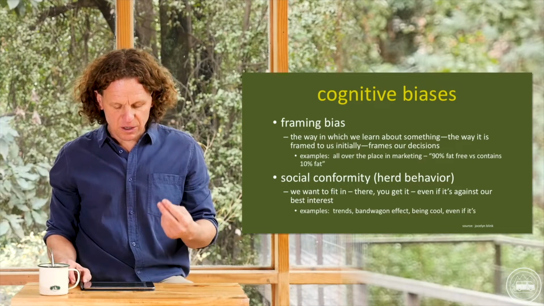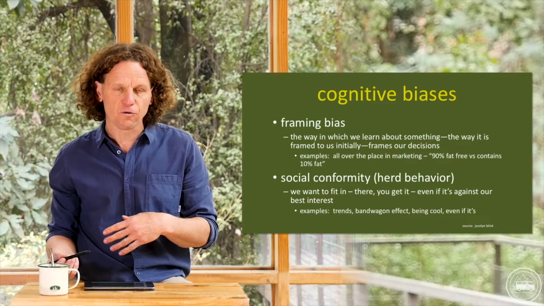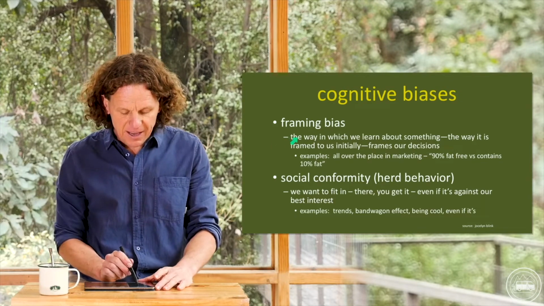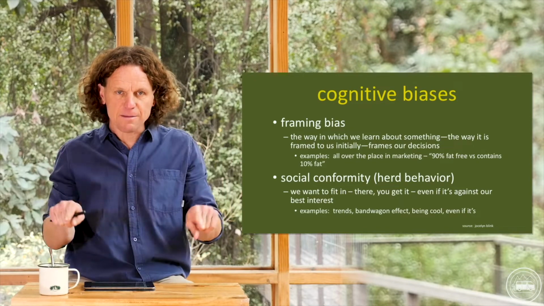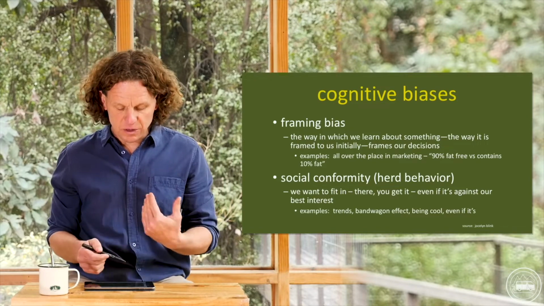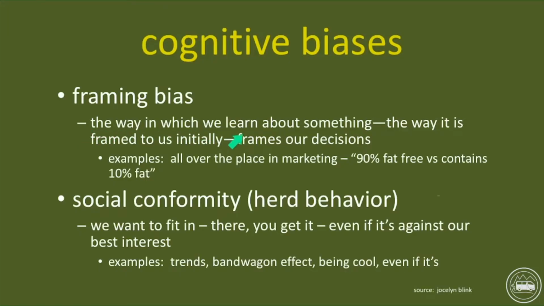The next two are framing bias and social conformity bias. Framing bias is pretty interesting. Think about a frame, right? A picture frame. That frame sets the standard upon which we would make decisions. So framing bias is the way in which we learn about something. The way it is framed to us initially impacts our final decisions.